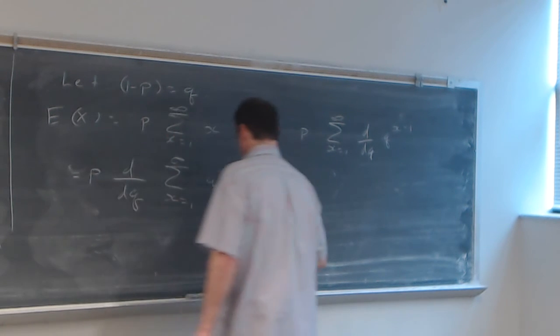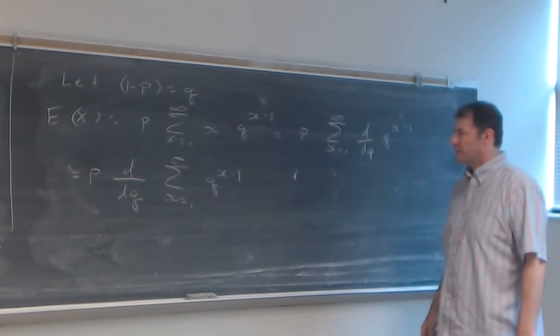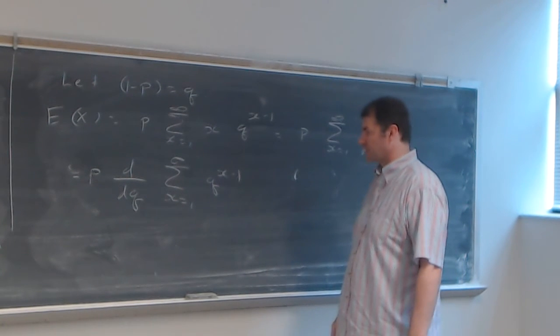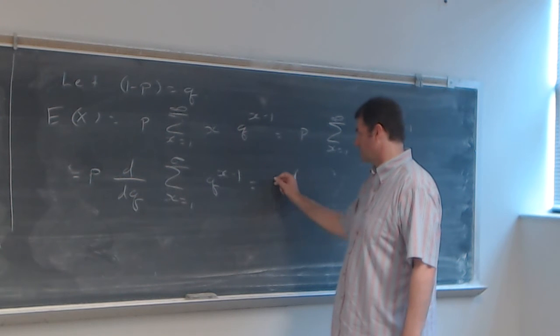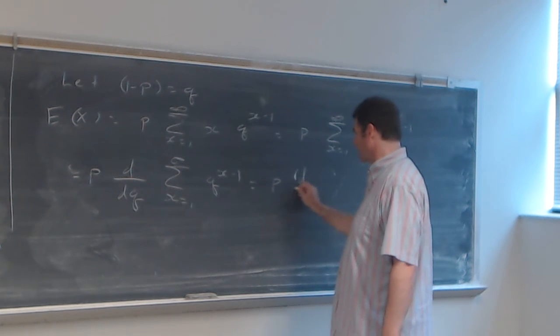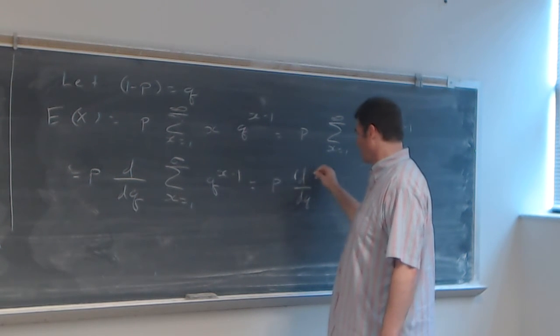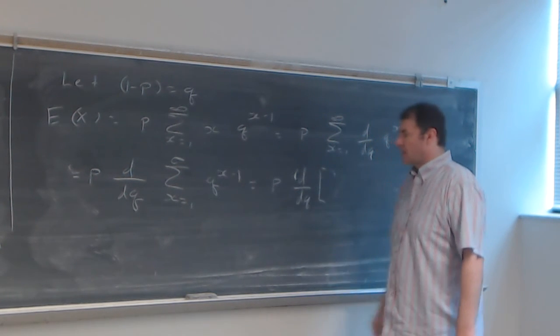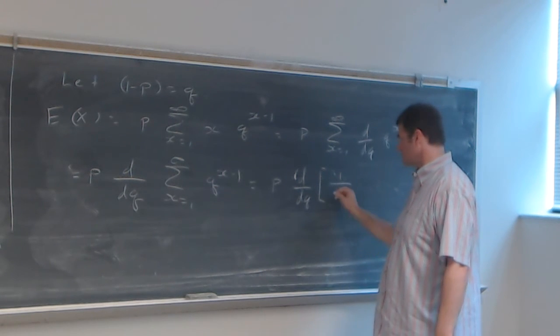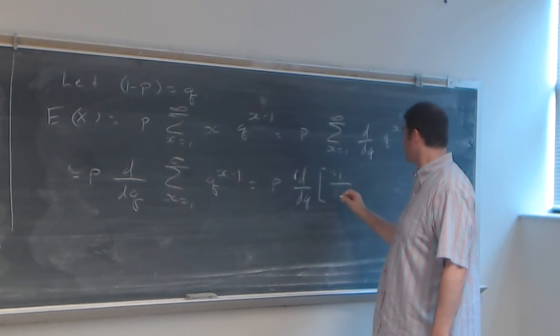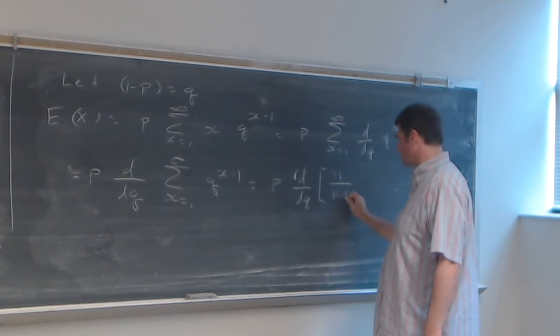Now, here the q again is some number between 0 and 1. This is a geometric series. So we have p times the derivative with respect to q of the quantity. What does this sum add up to? What it adds up to is the first term, which is 1, over 1 minus q.